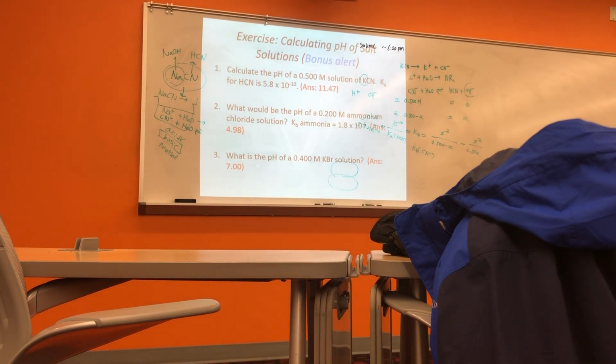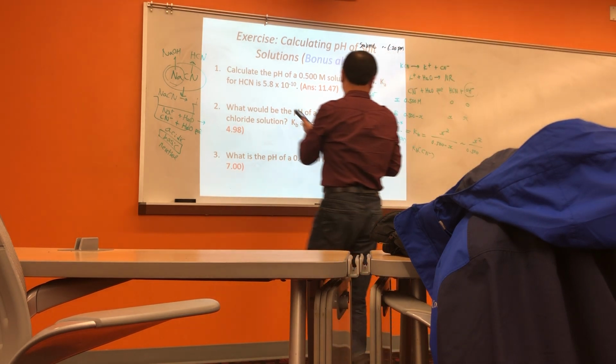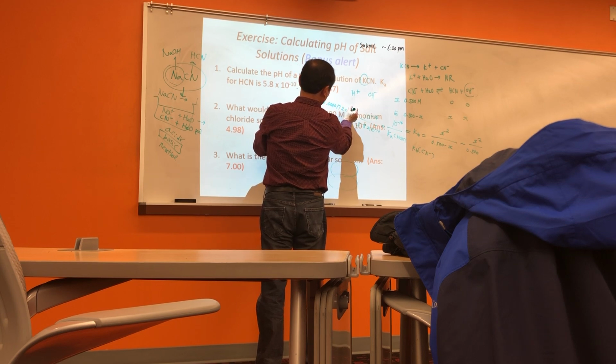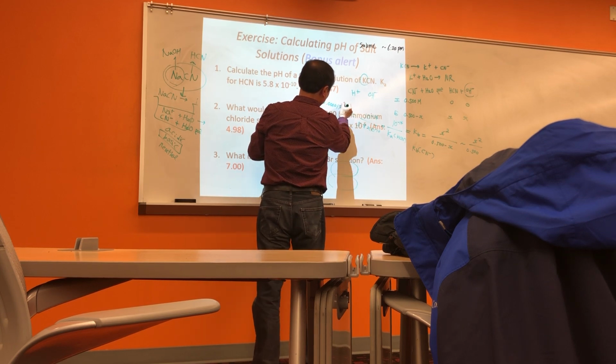So what's that? 10 to the minus 14 divided by 5.8 times 10 to the minus 10. It's 0.0000174.